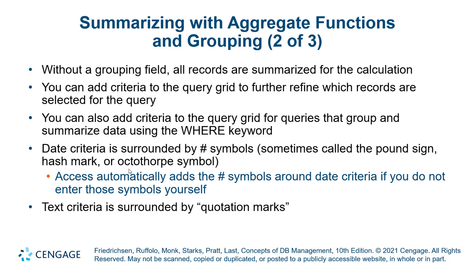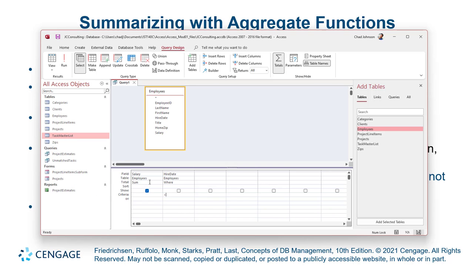The text calls it something crazy. Octothorpe symbol. Yeah, let's call it that. But when we're putting in a date, we need to enclose it inside of that. So there's my Octothorpe symbol, and then we're going to put in January 1st, 2020. And then the closing Octothorpe symbol.